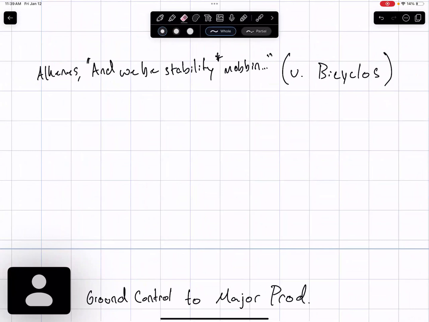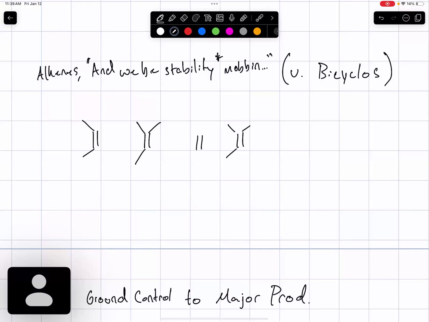So let me just draw a couple alkenes. If I had this alkene, just this alkene, and if I had, I don't know, this alkene. And these are hydrogens on this third one.